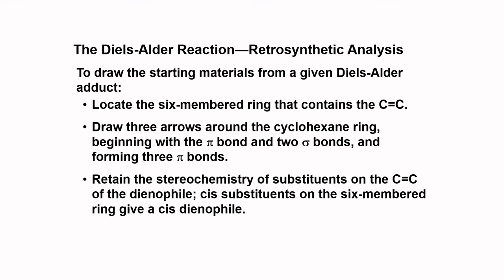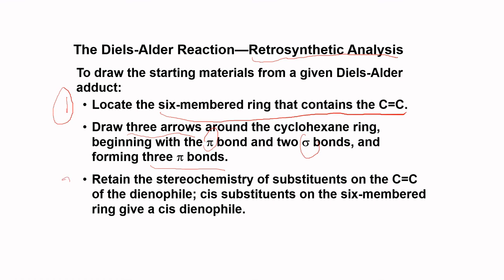Okay, for retrosynthetic analysis of the Diels-Alder reaction, we know that retrosynthetic analysis means we start from the product, and then we want to identify the starting material. There are a few steps that we can do. The first one is we need to locate the 6-membered ring that contains the C=C double bond, and then we draw 3 arrows around the cyclohexane ring, beginning with the pi bond and 2 sigma bonds, which then form 3 pi bonds.